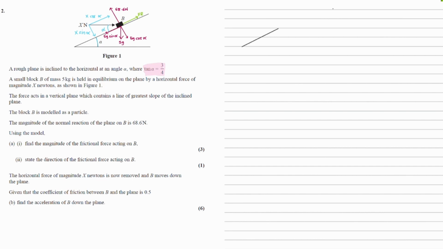So if we draw a right-angled triangle, this is 3, this would be 4, which means our hypotenuse would be 5. We can therefore use this triangle to find values for sine alpha, which would be 3/5, and cosine alpha would be 4/5.